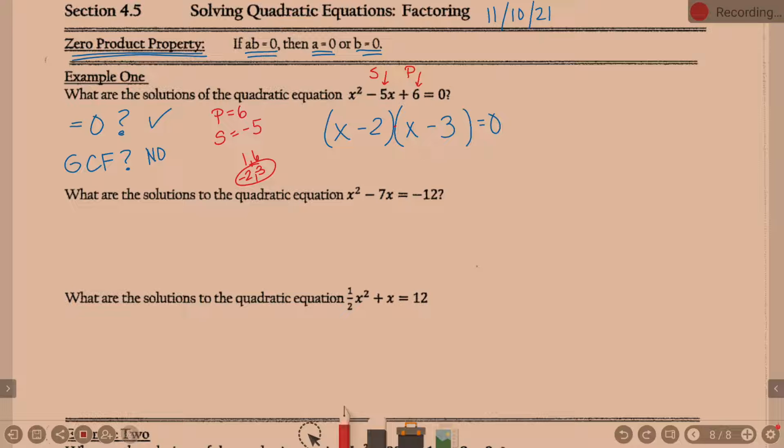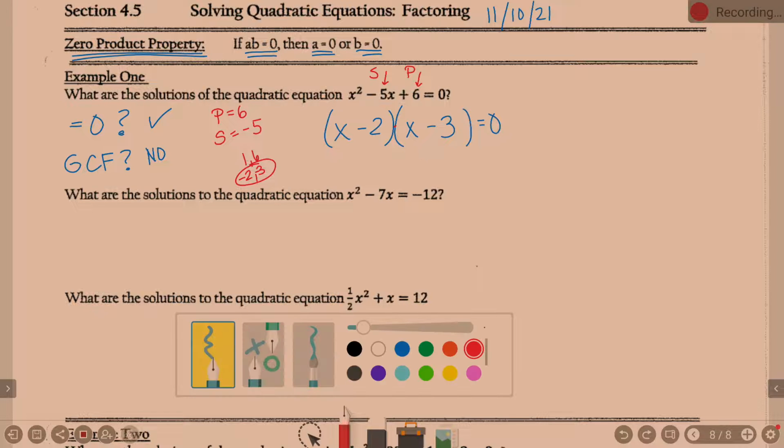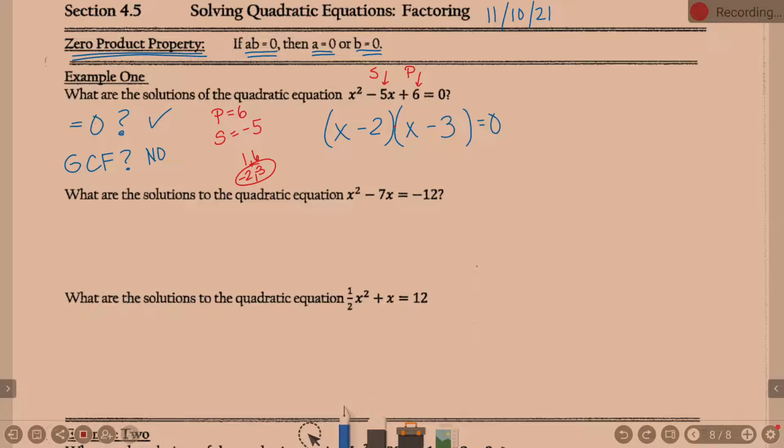What do we know about those parentheses then? One or the other has to always equal 0. So we're going to take each parenthesis and set it equal to 0. We're going to say either x minus 2 equals 0 or x minus 3 equals 0.